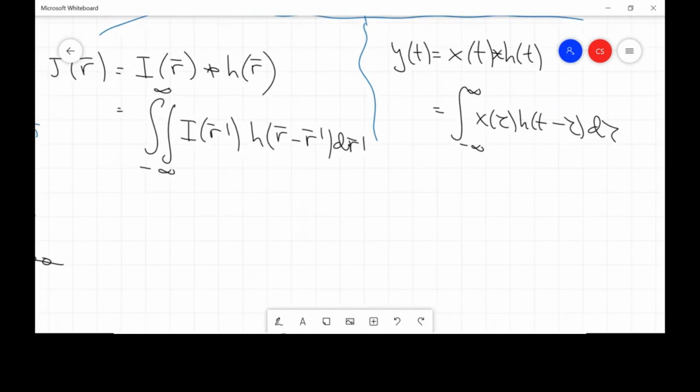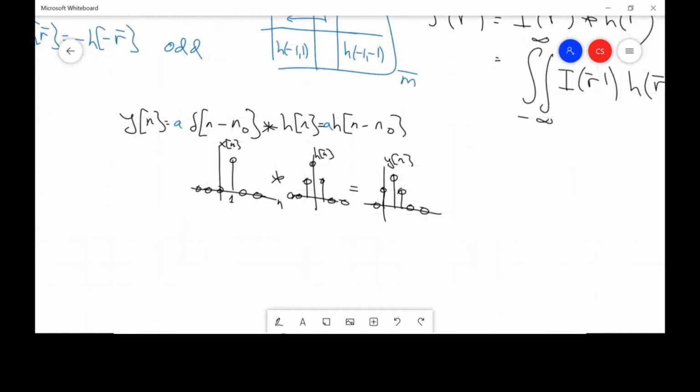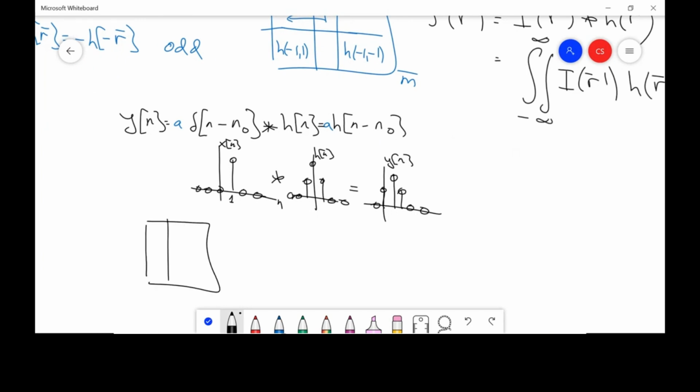Okay, so let's move here. Let me design this kernel. The central point is there, that is the 0, 0 point. It will have 1 and then -1. And all the rest will be 0. Then, how can I express this?